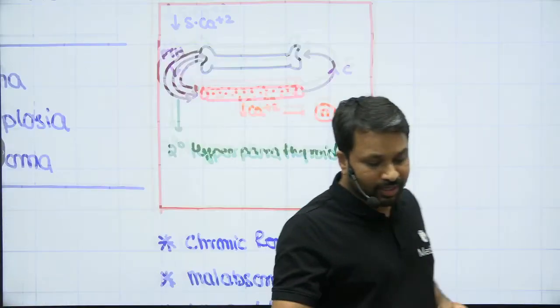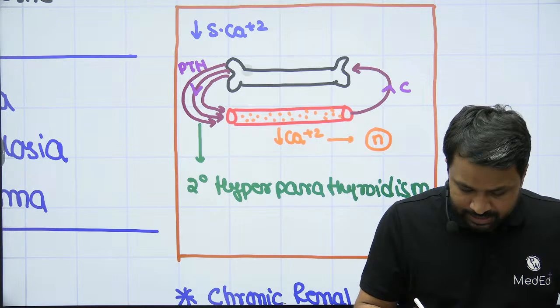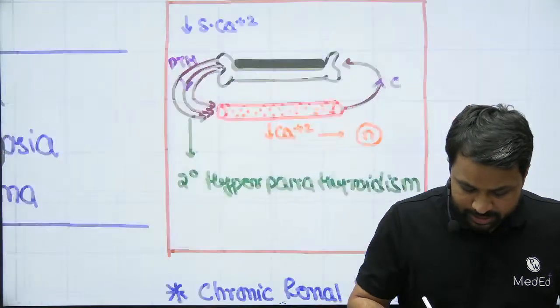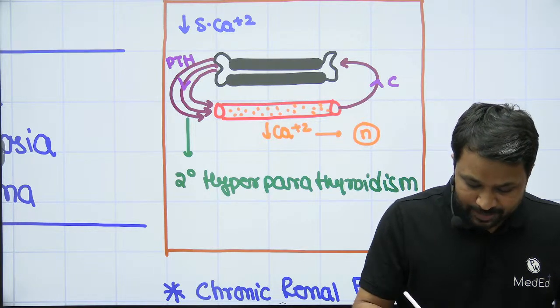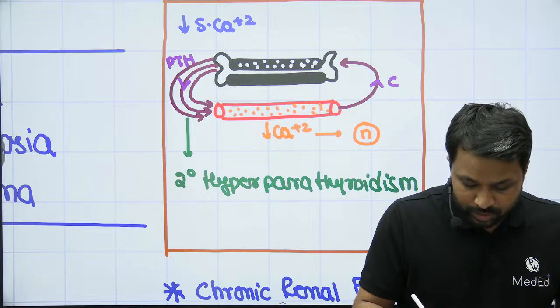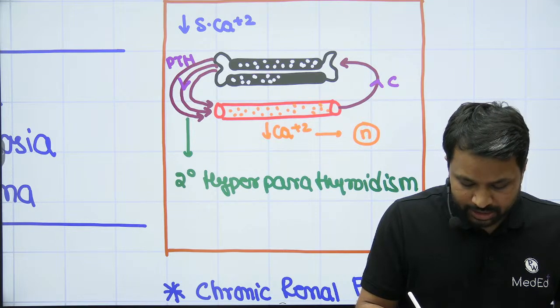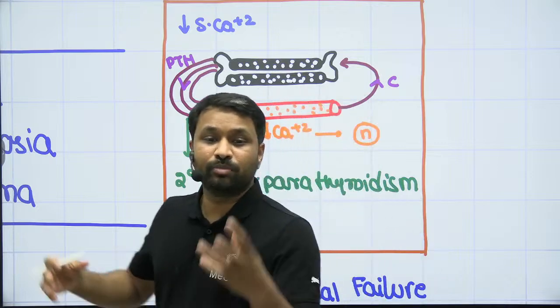So what is going to happen? The bone which was this thick, just understand, as it continues to happen, the bone cortex which was this thicker, because of this increased parathyroid hormone, you will see a lot of calcium will start to go away. So the bone will lose its density. The bone mineral density will become less. The bone will become brittle.